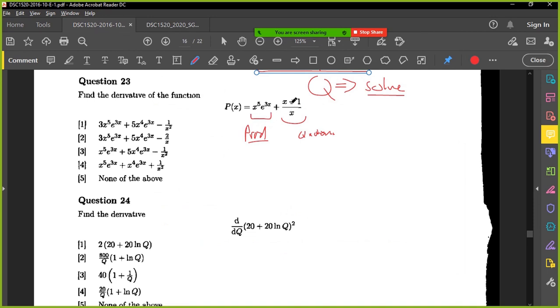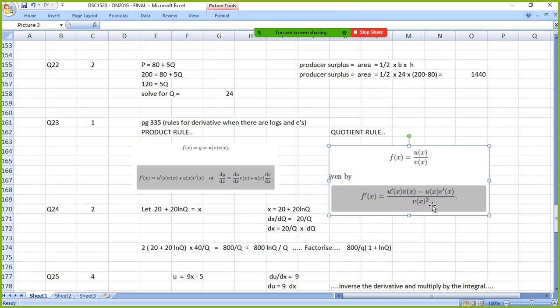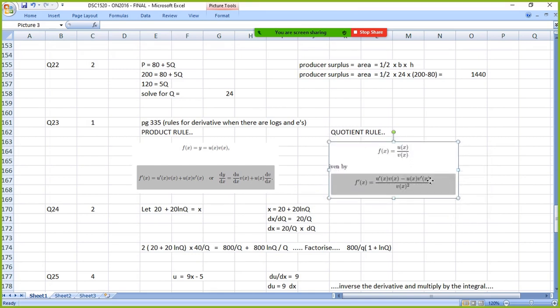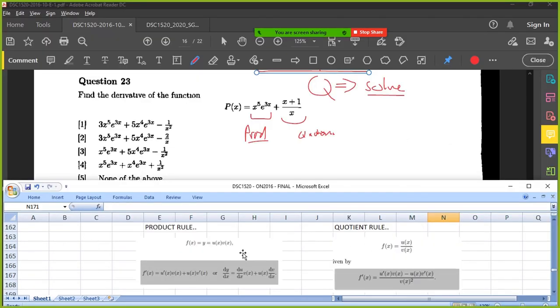This term is separate from that term. This term has one thing multiplied by another. This term has one thing divided by the other. So you have to apply the respective rules. You need both quotient and product to get the right answer.